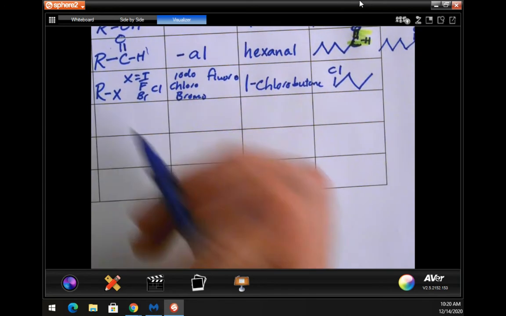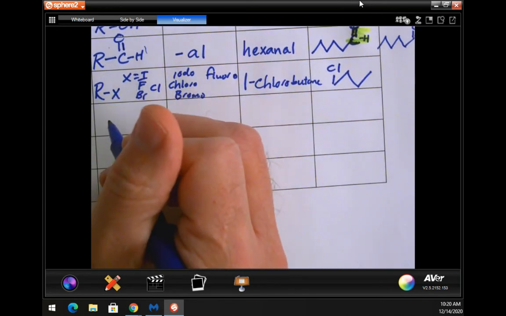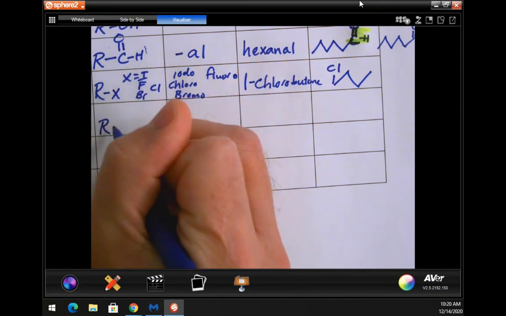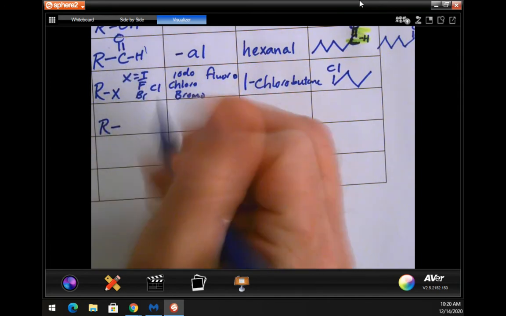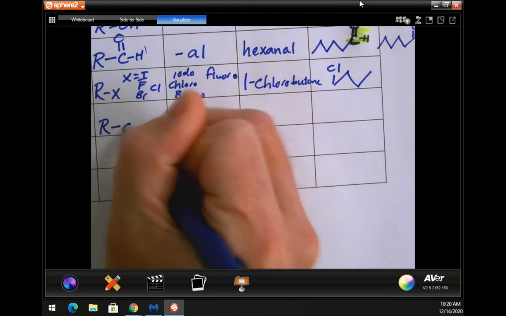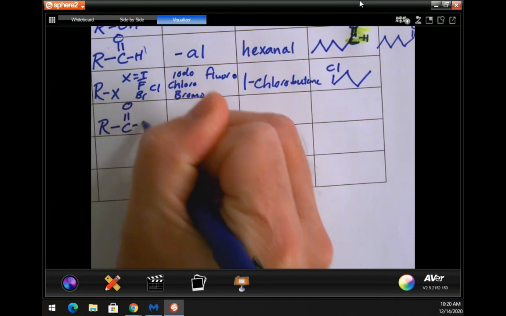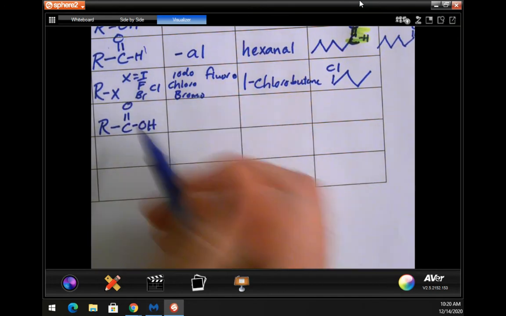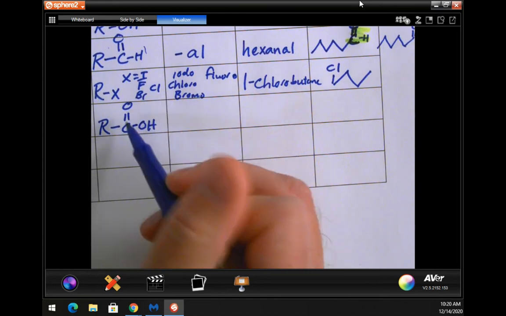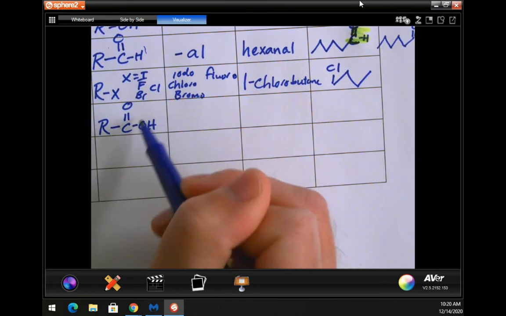And then carboxylic acids, typically, again, like the aldehydes, and remember, carboxylic acid is a hydroxyl and a carbonyl added together. So it's like an alcohol and an aldehyde had a baby. Because this is the alcohol, right?